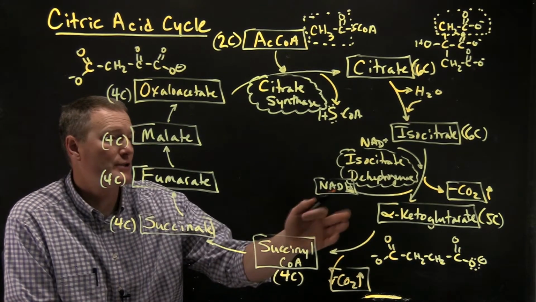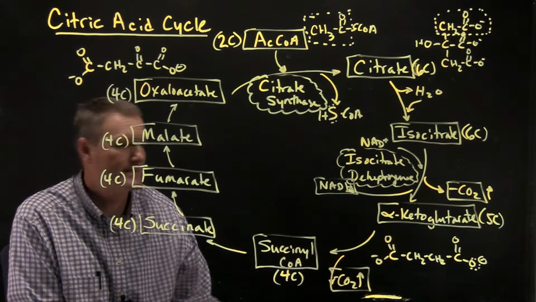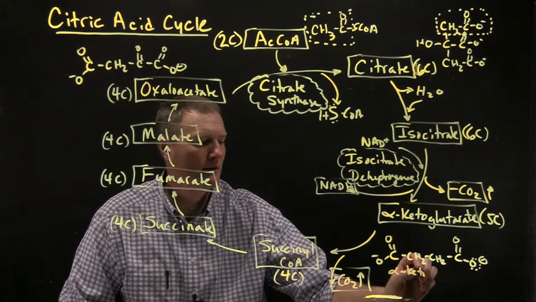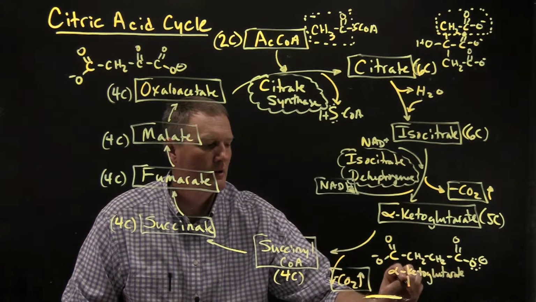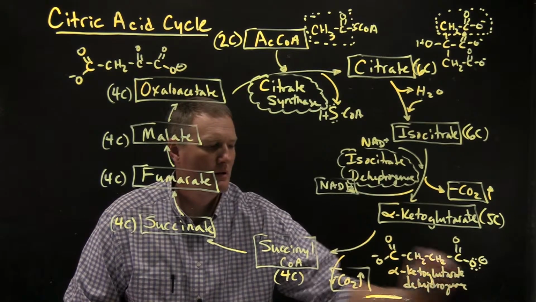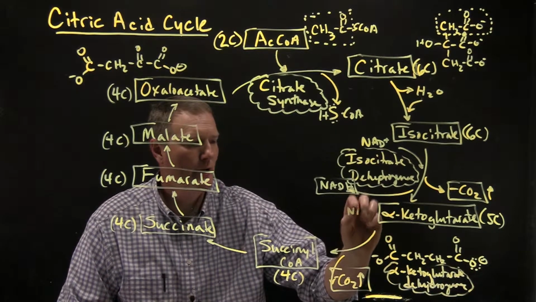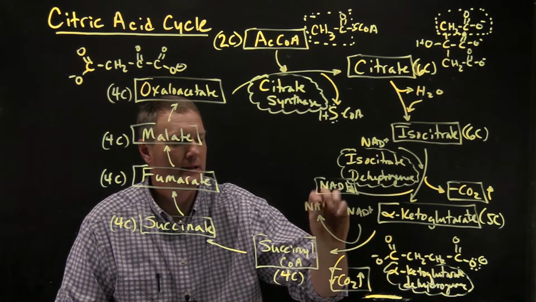And the enzyme that's going to do that, not surprisingly, is called alpha-ketoglutarate dehydrogenase. I'll write that down here. And that enzyme is again going to require an NAD+, and that will convert it to an NADH.